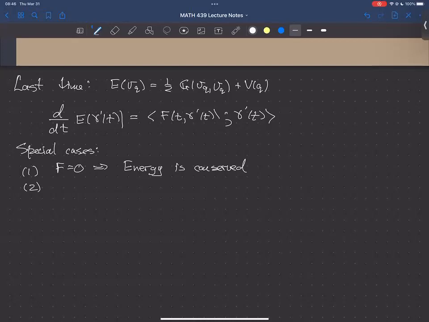So if F is a dissipative force, we called this a Rayleigh dissipative force last time.